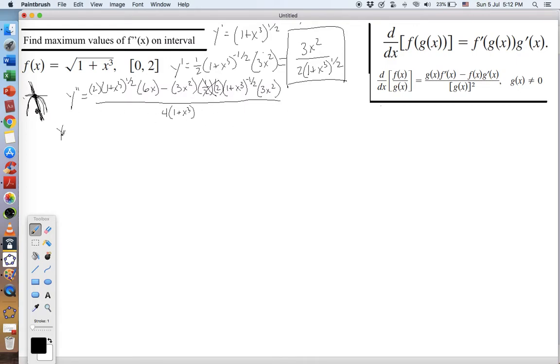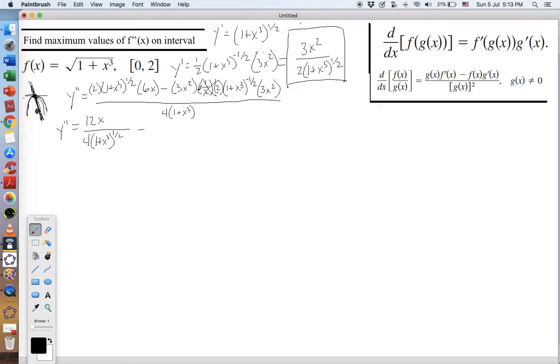Let's simplify that, y double prime. Then we've got 12x. We're going to split up this fraction into parts. We've got 12x on the top. Notice that we have 1 plus x cubed raised to the power of 1/2 here, 1 plus x cubed raised to the power of 1 here, so we're going to get 1 plus x cubed raised to the power of 1 minus 1/2 there on the bottom.